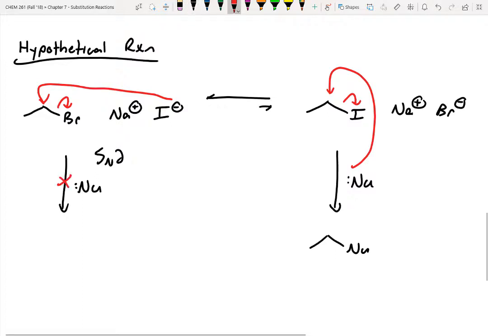Therefore, you get no reaction. So sometimes you can play tricks with this equilibrium and actually drive the equilibrium to form your products.